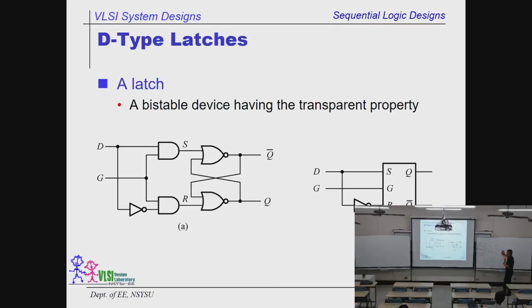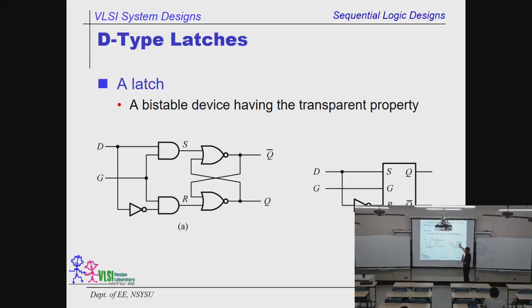Otherwise, D will have only two possibilities, 1 or 0. Either way is acceptable. And the beauty of this design is that we already delete this undefined case from this table. So this is a very welcome and very simple latch that we widely use in a lot of circuits, sequential circuits.